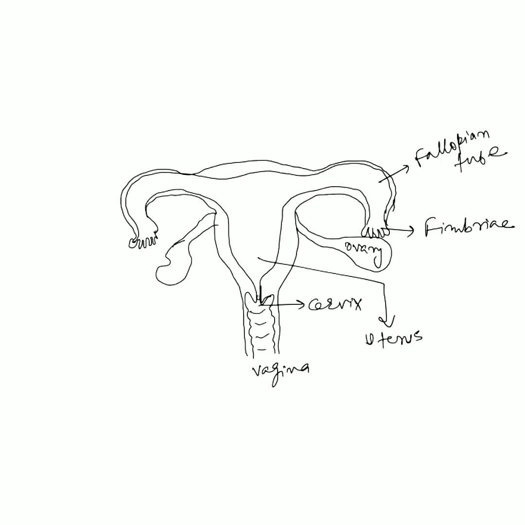Basically, a female releases an egg every month during her menstrual cycle, which is known as ovulation. Here the ovulation occurs, and the egg is collected by the fimbriae. The oocyte is surrounded by a thick protective layer known as the zona pellucida.